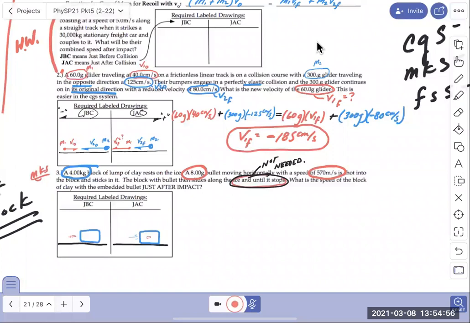All right. So they've been working on this and now hopefully you have at home as well. And so we've established it's going to be an inelastic collision, so we're in an MKS system.